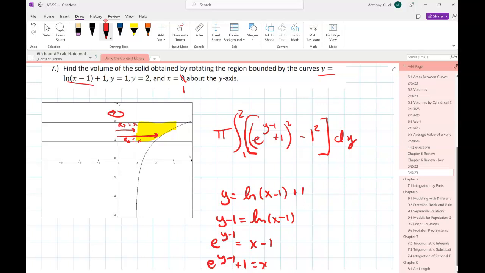If you had done y equals 0, what would you use? Disk, washer, shell? Disk. Because when you rotate it around, there's no hole in the middle, right? See the white part? When you rotate about the y-axis, that's going to leave a hole through the middle of this thing. Disk and washer are like the same thing, except you just don't subtract the inner.